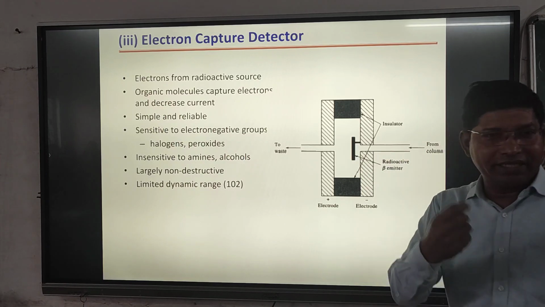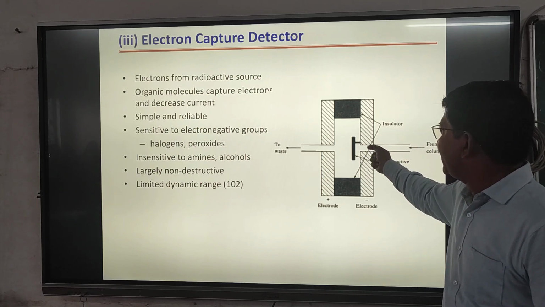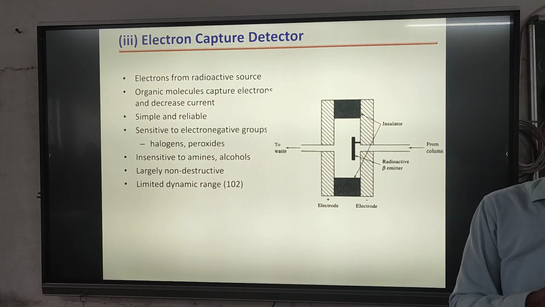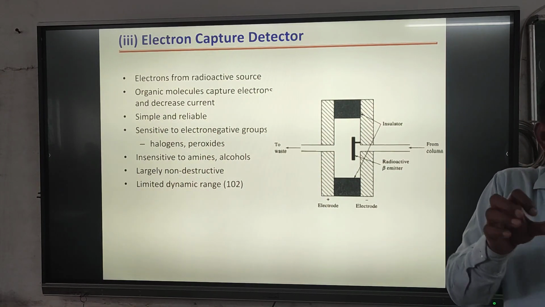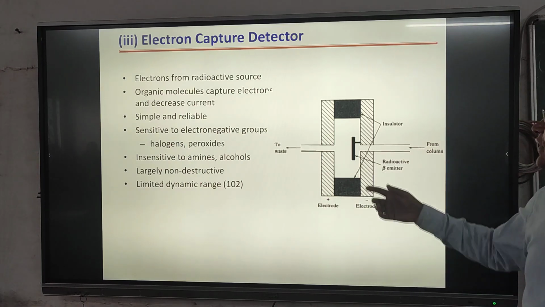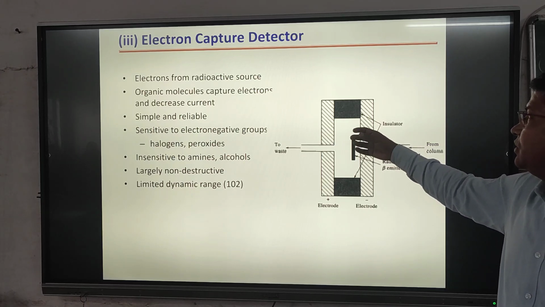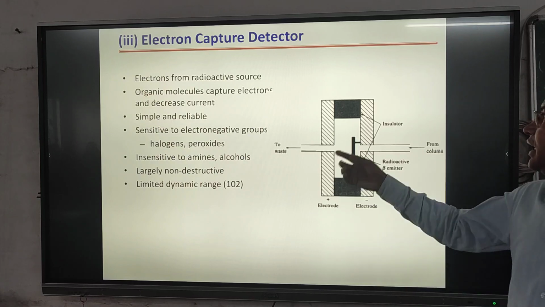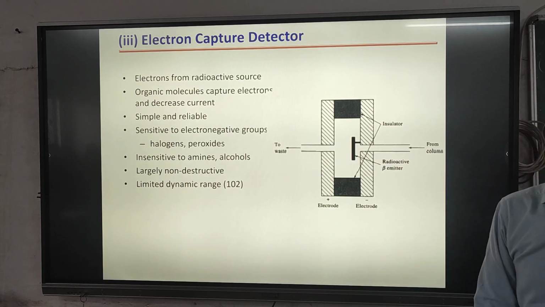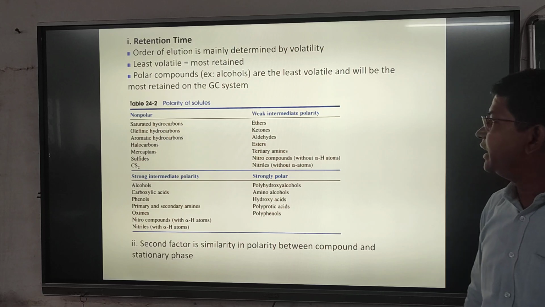It will release electrons, and your compound coming here, which is electronegative, will absorb those electrons. There is a change: the organic molecules capture the electrons and decrease the current. This is the principle of the electron capture detector.